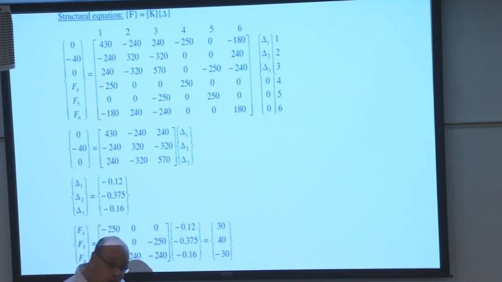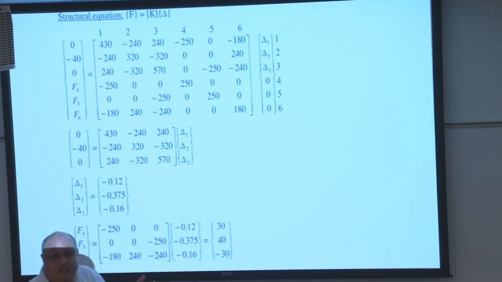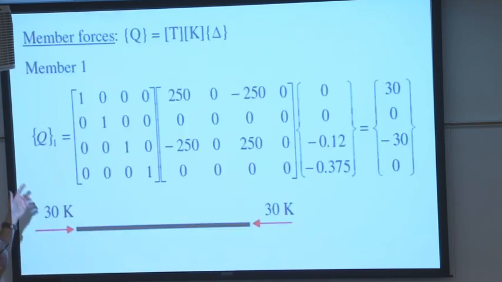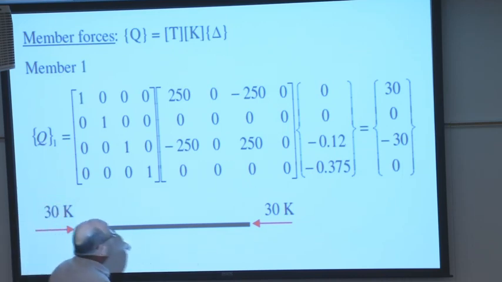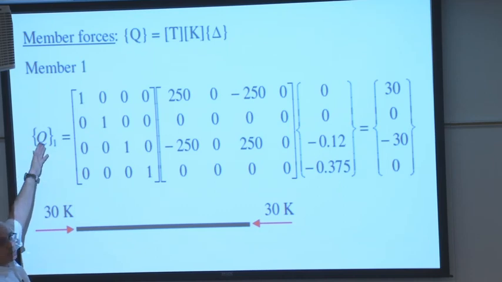Are we done with that, or are we still missing something? I believe we need one more thing. If we are ambitious, find the forces in the members. So isolate every member and say that I would like to check member 1, which is the horizontal member right here, and you apply the equation that we have for the force in the member. And bear in mind that it might be a small q sometimes, a big Q sometimes, but don't get confused.